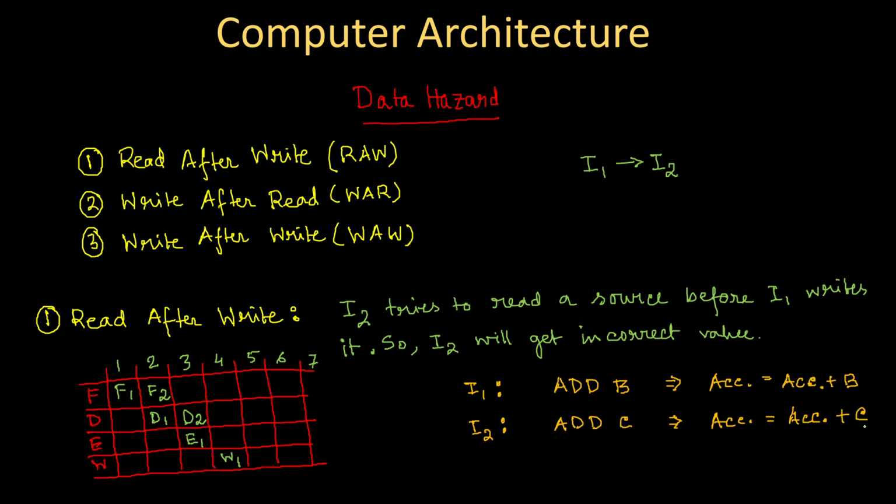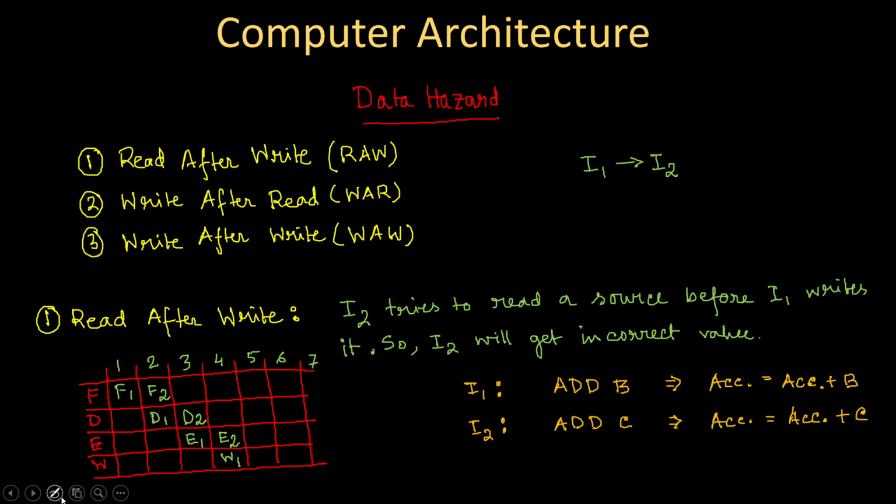So the programmer expects that the updated value of the accumulator will be used in the second instruction. But if you continue using the execution stage for instruction 2, the accumulator is used by the second instruction before the update completes, so it will not get the updated value.